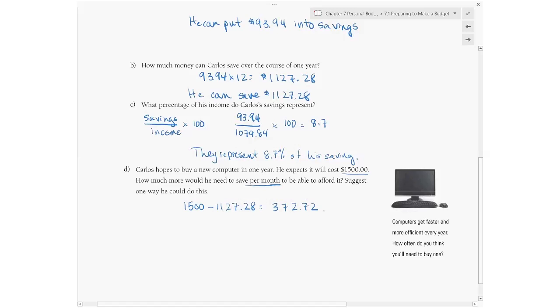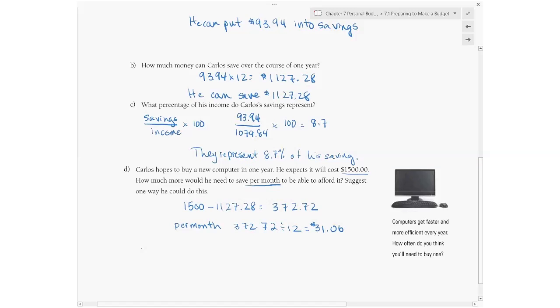We want to know how much more would he need to save per month. So this is per year because he saved up for a year. So per month, we have to divide it by 12. So 372.72 divided by 12 gives me $31.06.